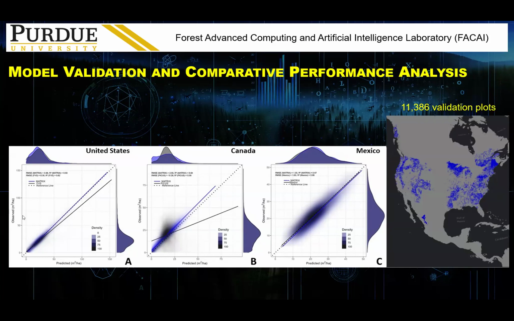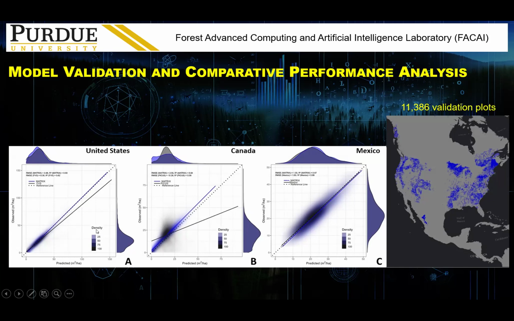So the horizontal axis is the predicted value, and the vertical axis is the observed value. And then ideally, if the predicted is the same as the observed, you would see the trend line very close to this 45-degree reference line, which is shown here as the dotted line on those plots.